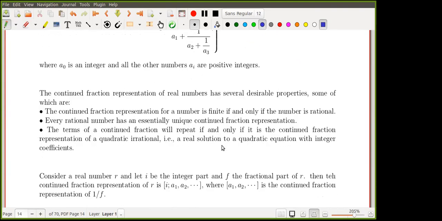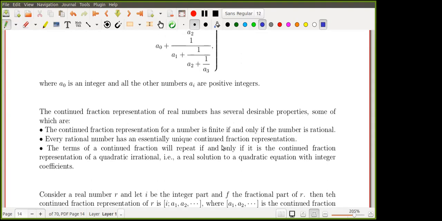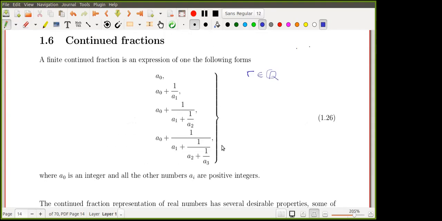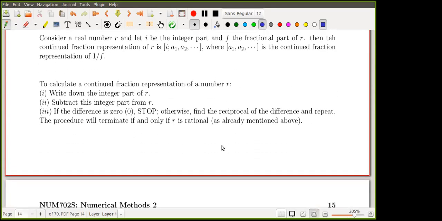So our concern here is mainly about the algorithm. If we are given a rational number, because only a rational number will give us a finite number of terms, and we want to perform such a decomposition, that is, decomposition in the form of a continued fraction, we will follow the following algorithm.